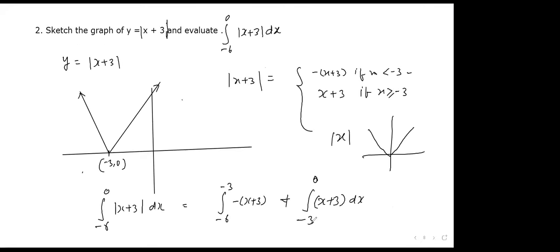So we have negative x square over 2 plus 3x. The integral of x is x square over 2, and the integral of 3 dx is 3x. Yes, sir.